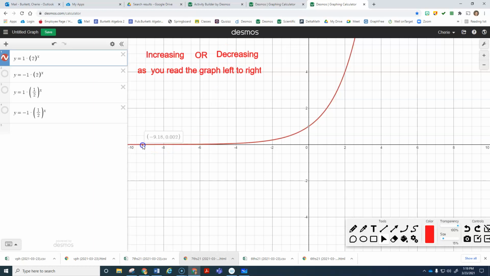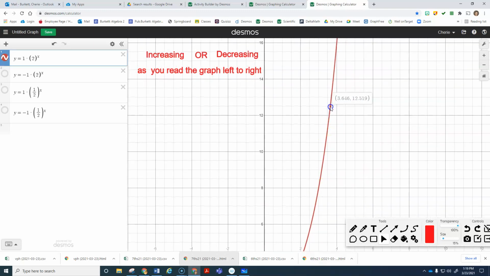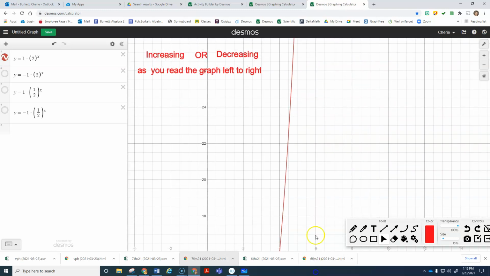And that's not too hard to see if you click anywhere on the function and move from the left side of your graph toward the right side. You can see here I'm at 3, here I'm at 4, here I'm at 5, and if I kept going up, I would get up to 12, 13, 14.